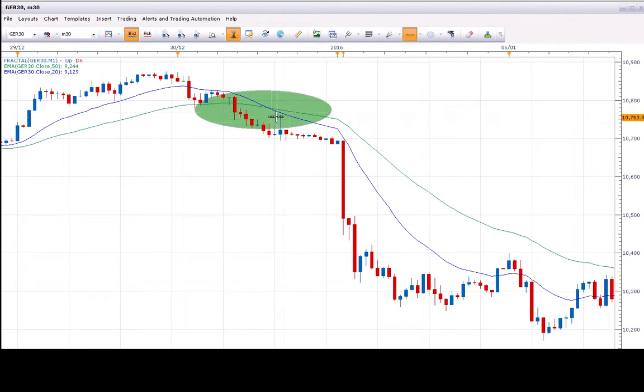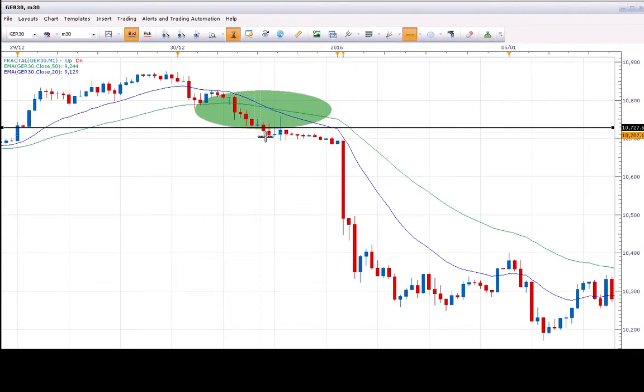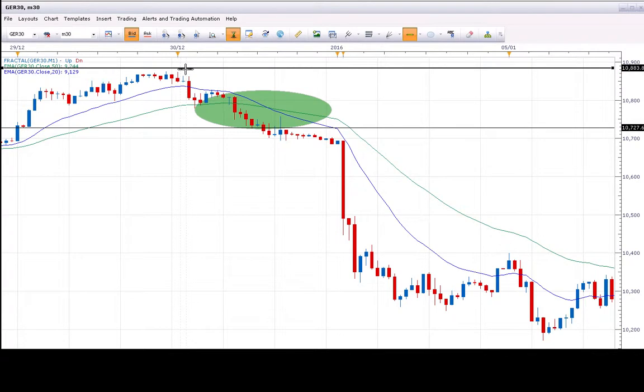Okay, so let's just say that we got in about there, wherever it might be. You look back to the most recent swing high, which would have been there. And that's where you'd set your protective stop loss, because if it goes higher than this and it turns in the opposite direction, you want to get out of that trade.